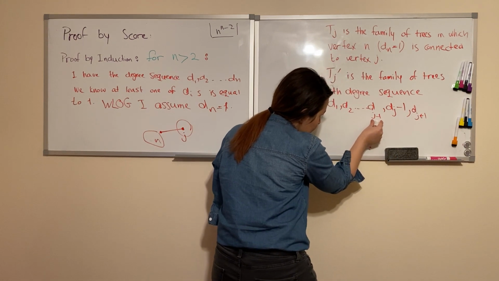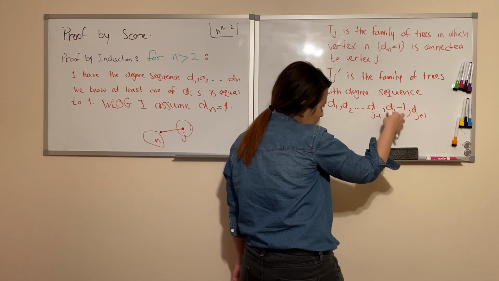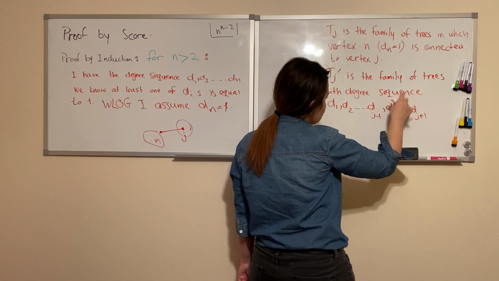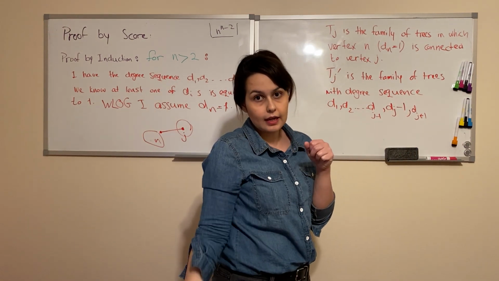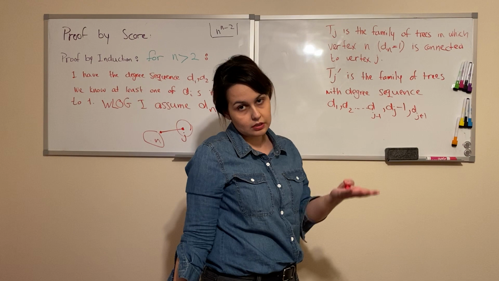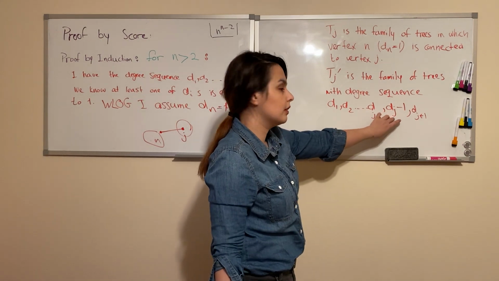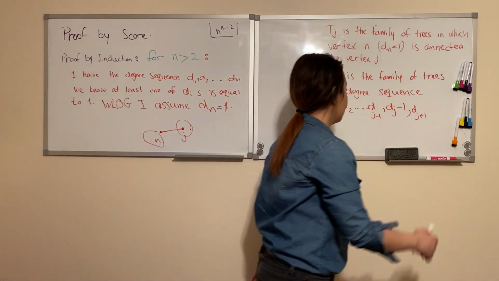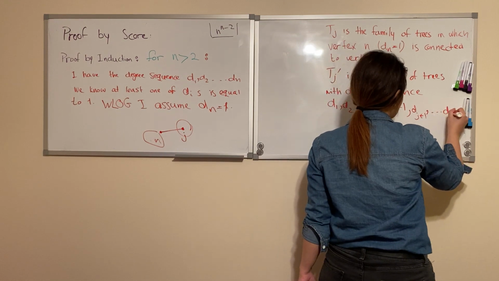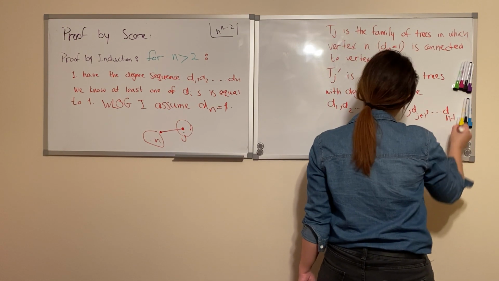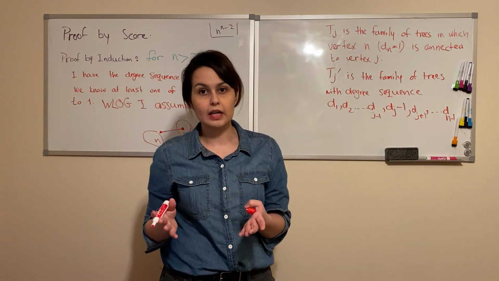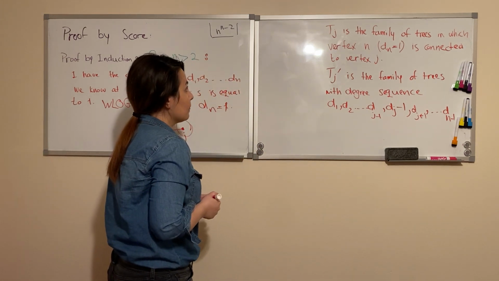You see, the j minus 1 here is an index, but here j is the index and I have that minus 1 because I connected vertex n and the degree of this changes by 1, and everything goes up to dn minus 1 because now I don't have dn anymore.